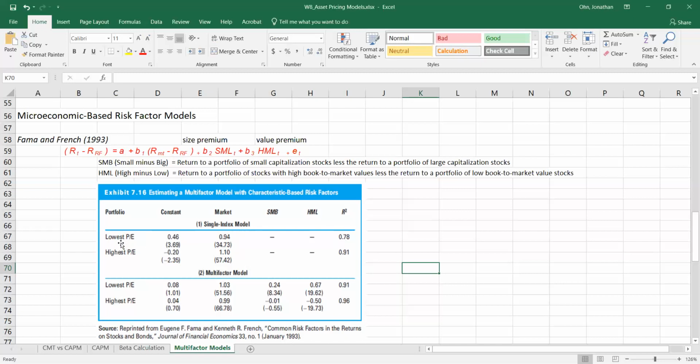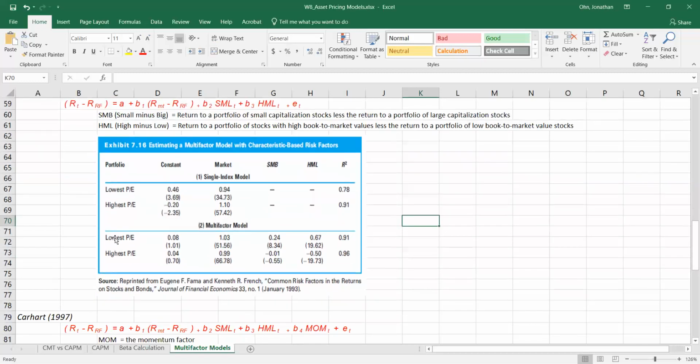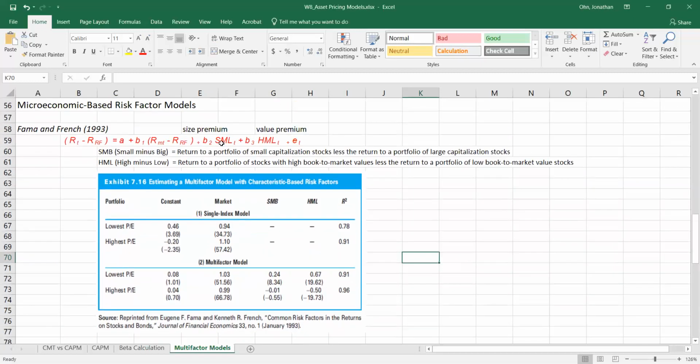The lowest P ratio portfolio shows 0.94, that is the beta, less than 1, meaning less volatile than the market. The highest P ratio has beta of 1.10, more volatile than the market. Now, the next one includes the second and third risk factors, size and value.